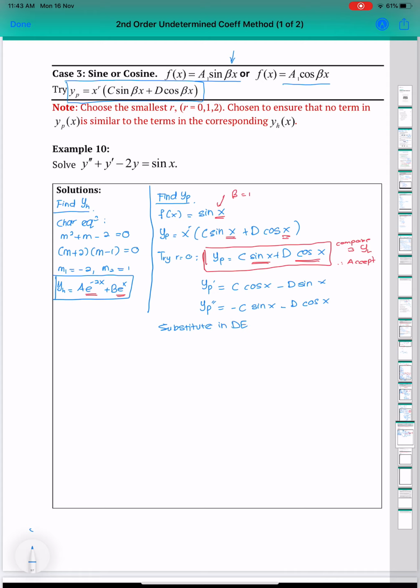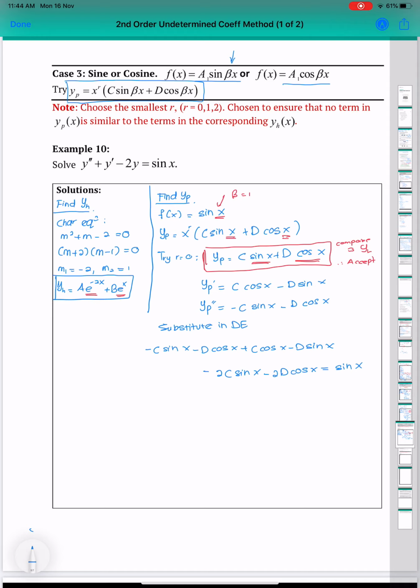I will get y double prime, so negative c sine x minus d cos x, plus y prime, c cos x minus d sine x, minus 2y, so minus 2c sine x minus 2d cos x. So this is equal to sine x.